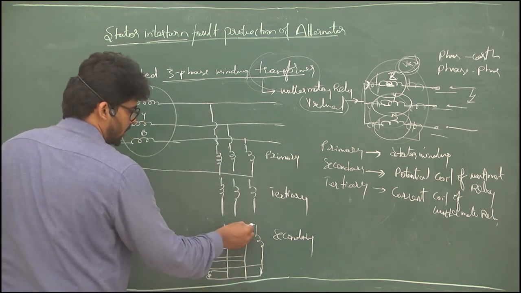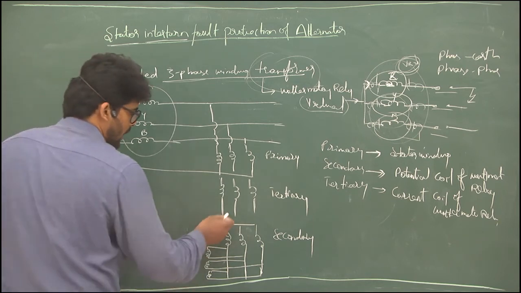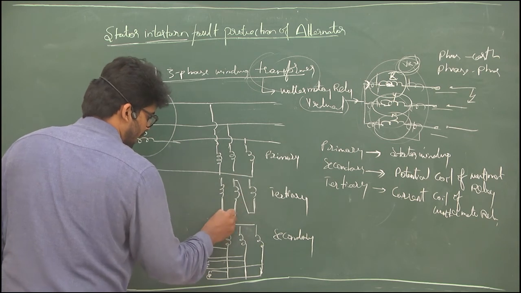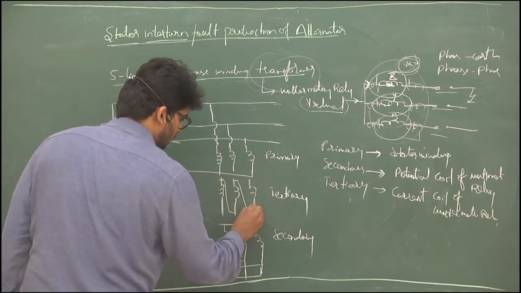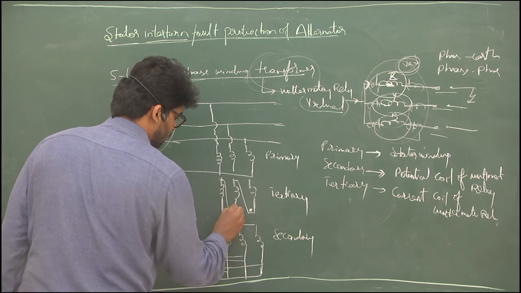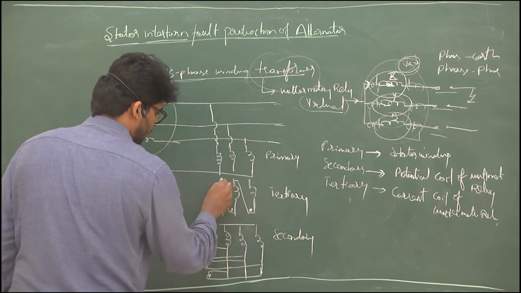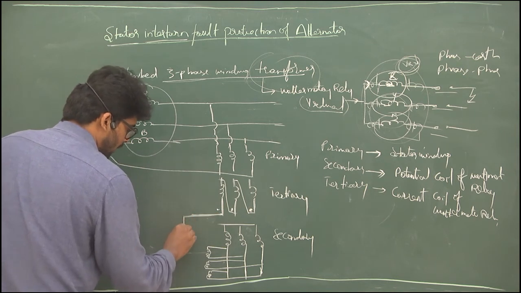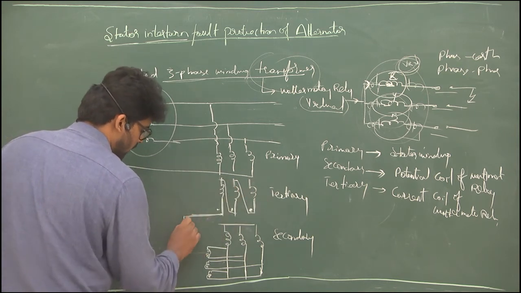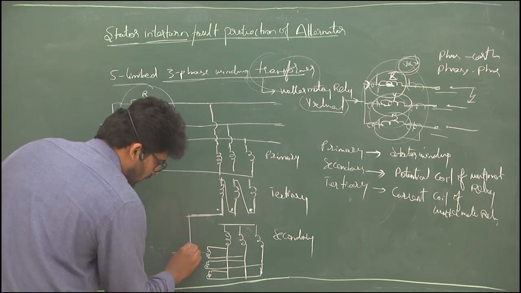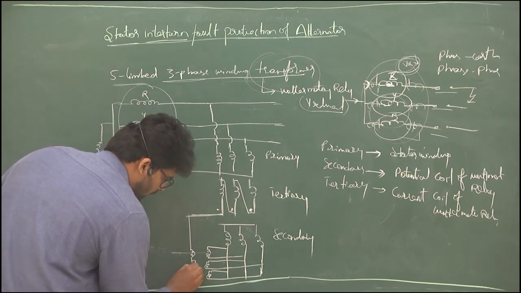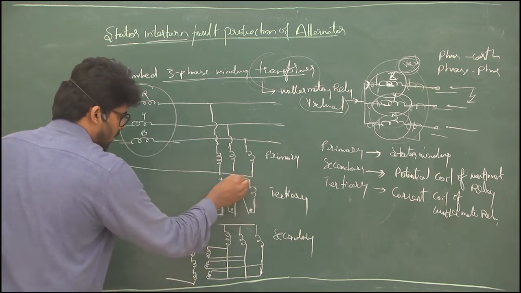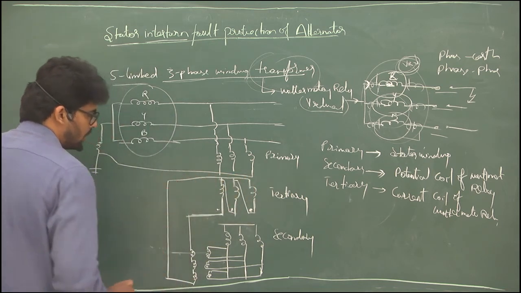The tertiary output is taken like this, and then the tertiary is connected in a delta form. These are the dot connections. Delta form means the closed loop should be there, and this is fed to the current coils of the wattmeter. This is the overall configuration.